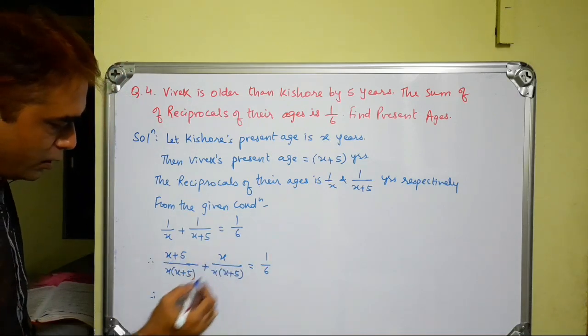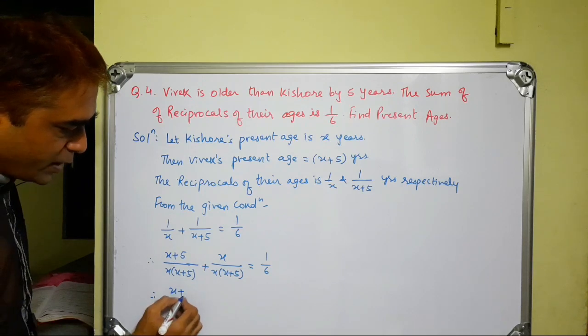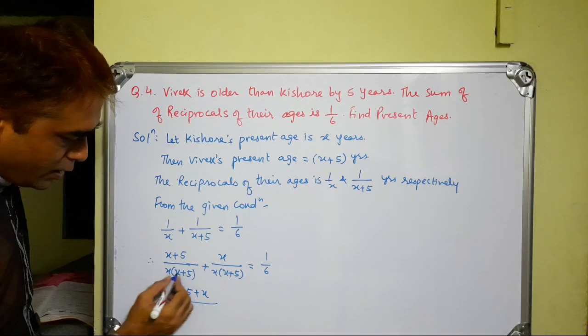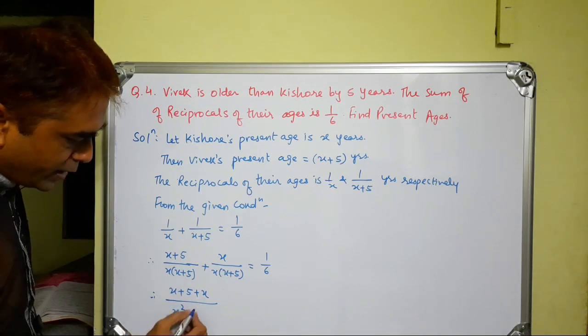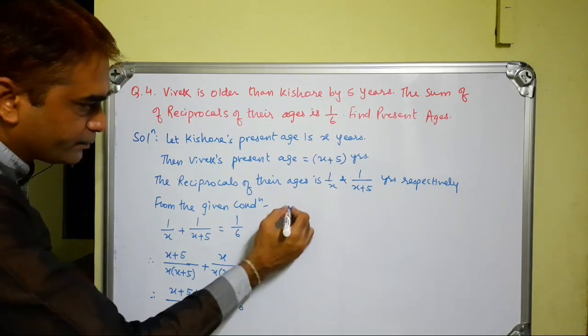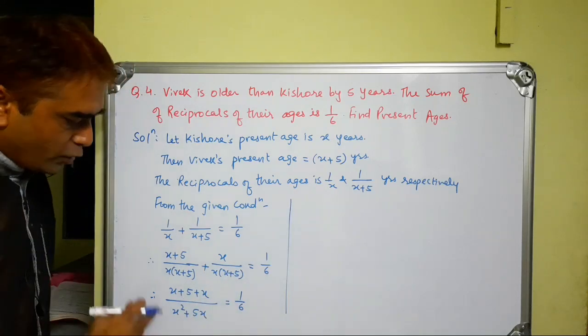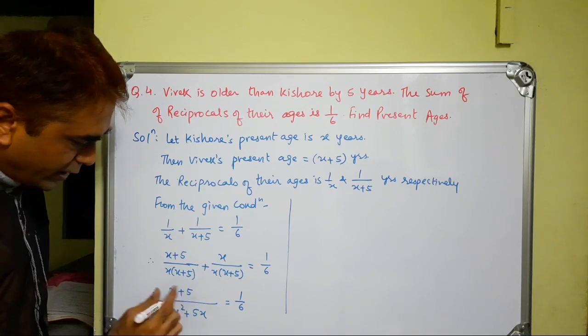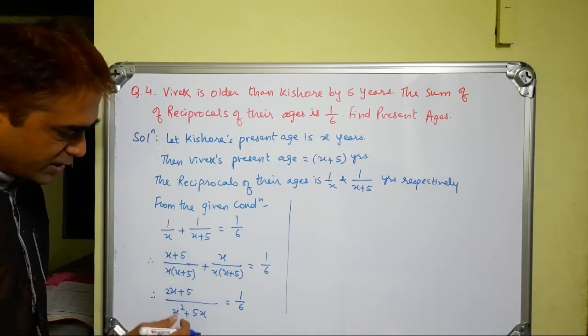Therefore, sum of numerators x plus 5 plus x upon x square plus 5x equals 1 upon 6. Now you can also write here simply 2x plus 5.